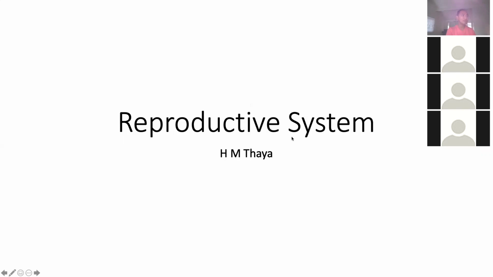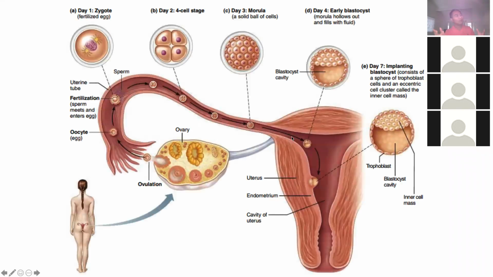So the reproductive system, we have seen this slide already. It is the female internal reproductive organs, which is the uterus, the big uterus, and the tube which is coming into the uterus. It is on the right side as well as the left side. This tube is called the fallopian tube.